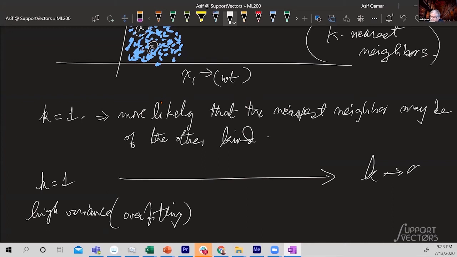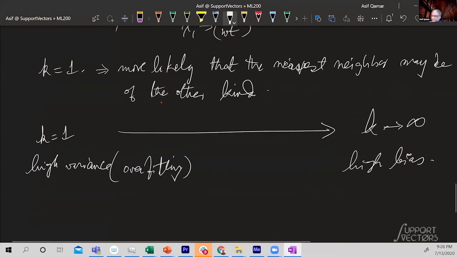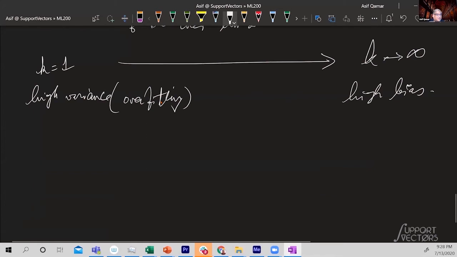Let me just say k tends to infinity, high bias. In fact, at k equal to infinity, obviously you won't reach infinity because you have a finite number of sample points, but in practical terms, whatever the sample size n is, you will end up with a situation of high bias, and it will degenerate into the baseline or the 0R classifier.